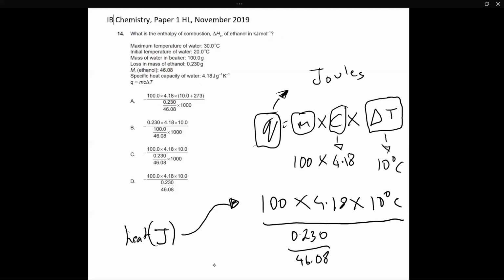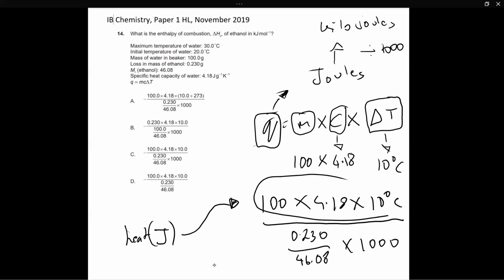Now, in order to convert from joules to kilojoules, we have to divide by 1,000, right? So we simply put 1,000 over here, because we're dividing this whole thing by 1,000. And that's it. That will give you your answer. And that would be answer number C. That is the correct answer as well.